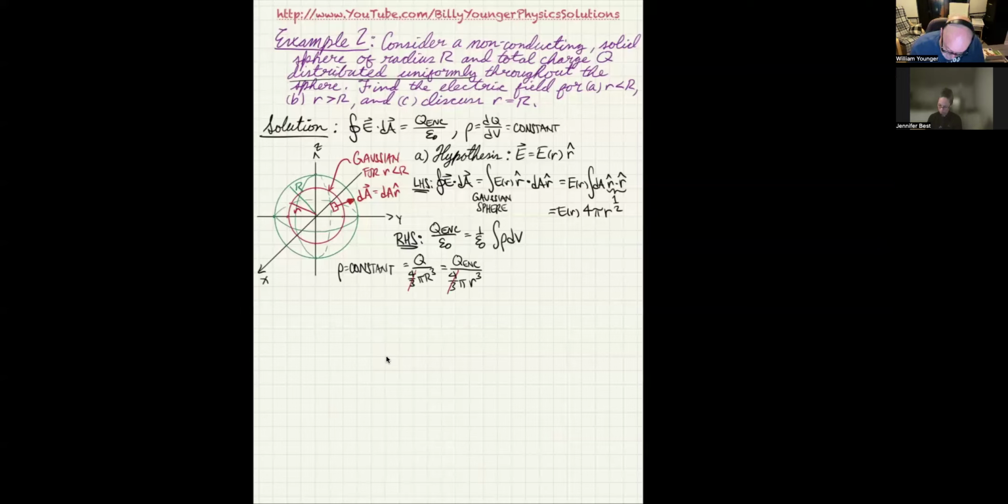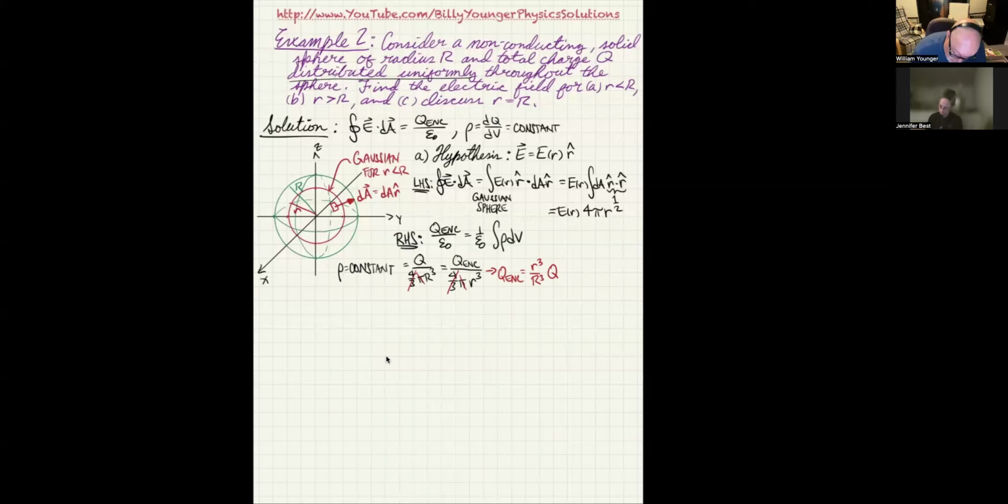So that 4/3 and that 4/3 are going to cancel out. That pi and that pi are going to cancel out. And what you can find is Q enclosed is just going to equal little r over big R, actually I'll put the exponents on the individual parts, times the total Q. Okay, so I didn't actually have to do that integral. I was able to get it just this way.